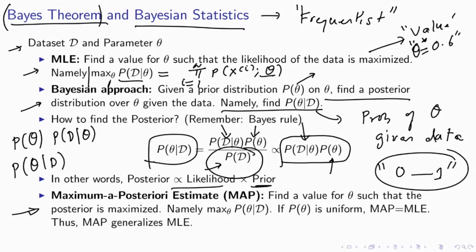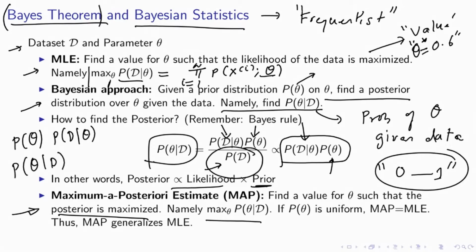You have to find a value for theta such that the posterior is maximized. In the MLE, we maximize the likelihood, and in the MAP estimate, we are trying to maximize the posterior. Mathematically, it could be stated as maximizing over theta such that p of theta given D is maximized.